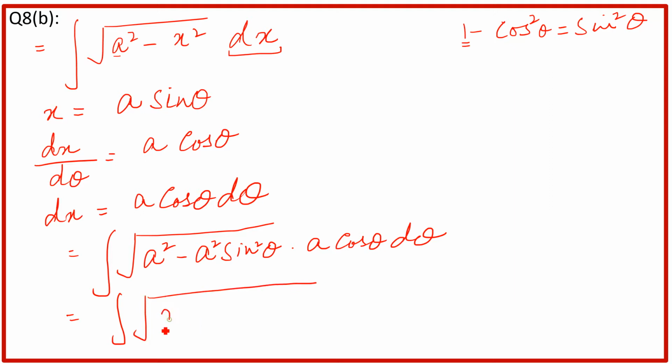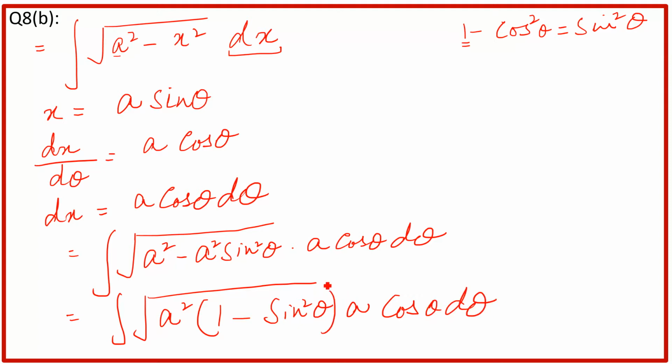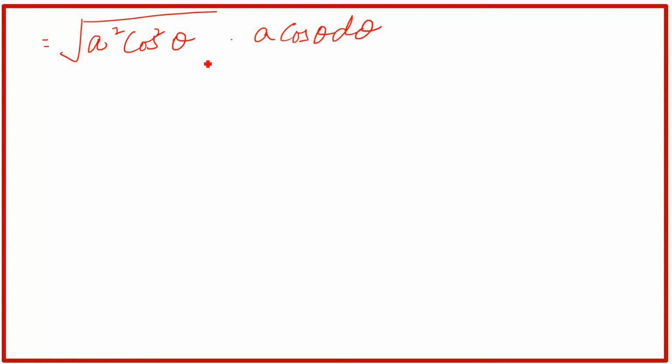Right, from under the root we can take a square as common, remaining is 1 minus sine square theta, and a cos theta d theta. So 1 minus sine square theta is equal to cos square theta. So we can write under root a square cos square theta, and then instead of dx, the same a cos theta d theta.